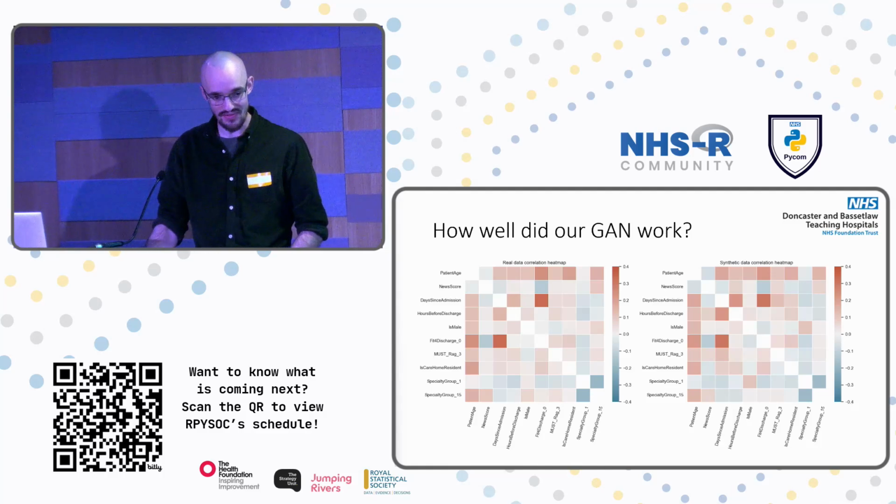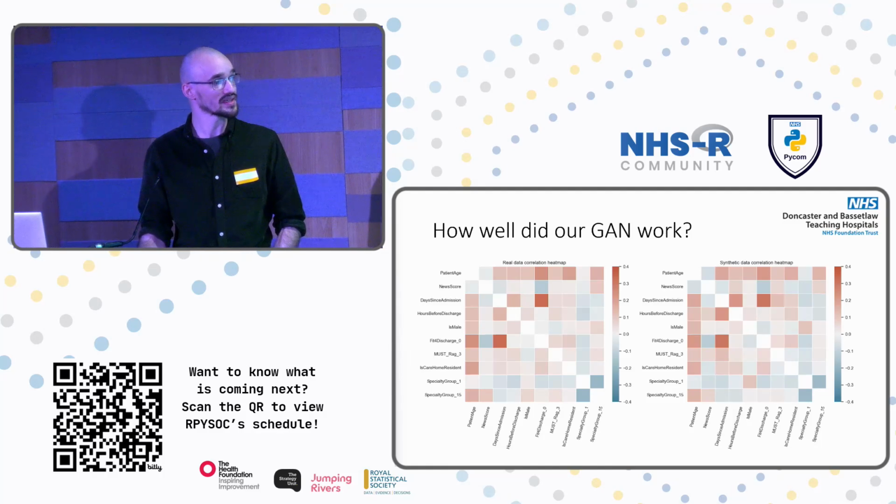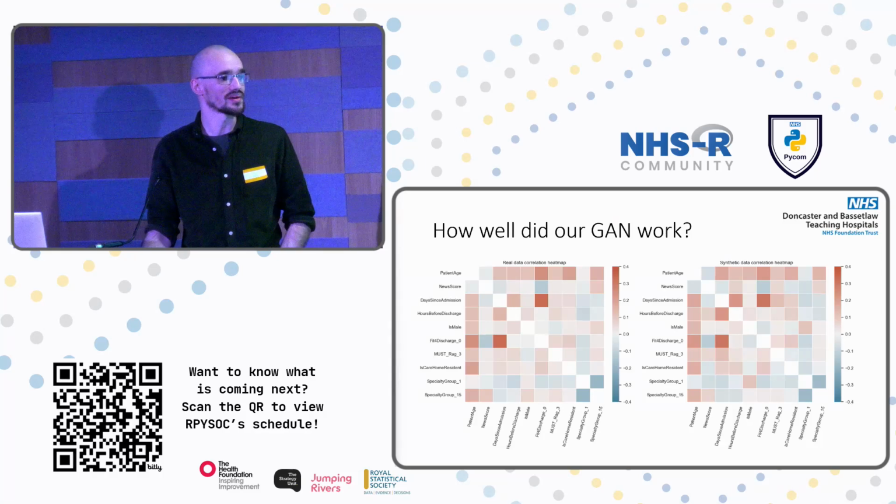And you can see, for example, that the longer a patient had been in hospital, the days since admission, was positively correlated to being marked as fit for discharge. I'm not going to go through what all of these columns mean. Talk to me later if you're interested.